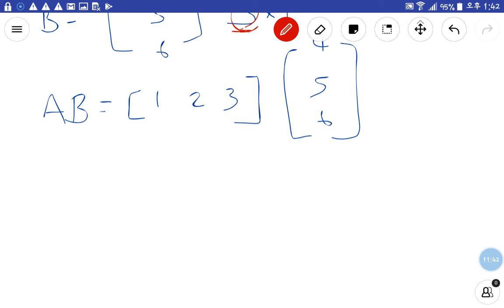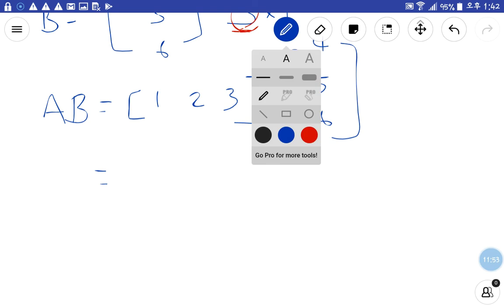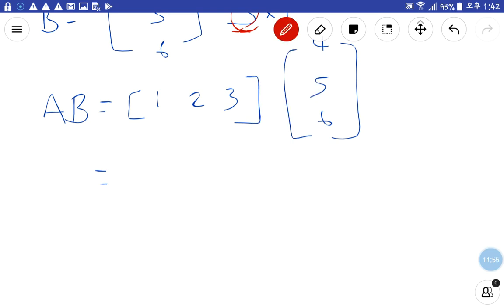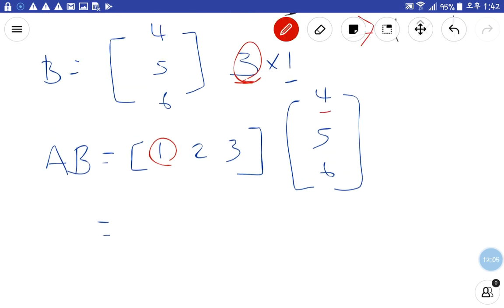When we work on the product of two matrices, we always multiply the first number of the first row, which is this number, 1, with the first number of the second one.